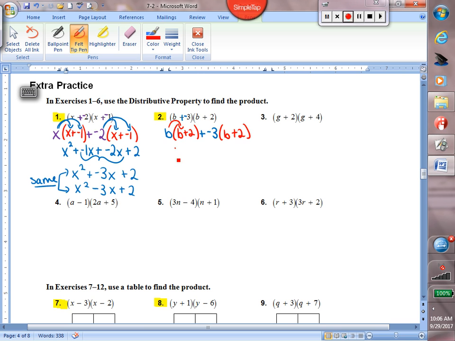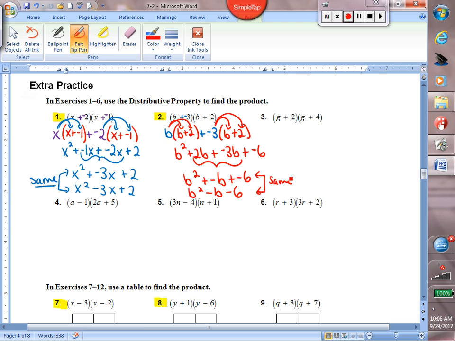Distribute: b squared plus 2b, negative 3b, plus negative 6. Combine my like terms. Or again, you can use subtraction instead of adding a negative. These are the same.